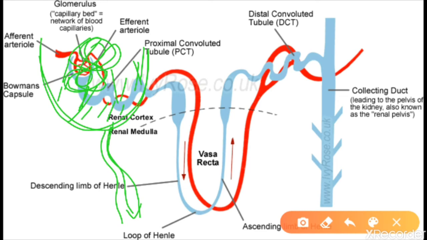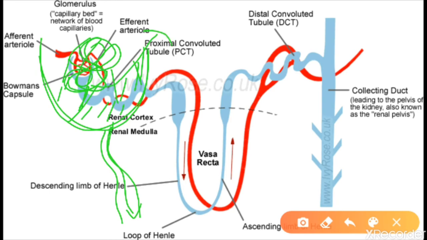Just like that in the Bowman's capsule, the glomerulus: all the big molecules, proteins and the blood cells, are stuck here and are sent back to the blood.